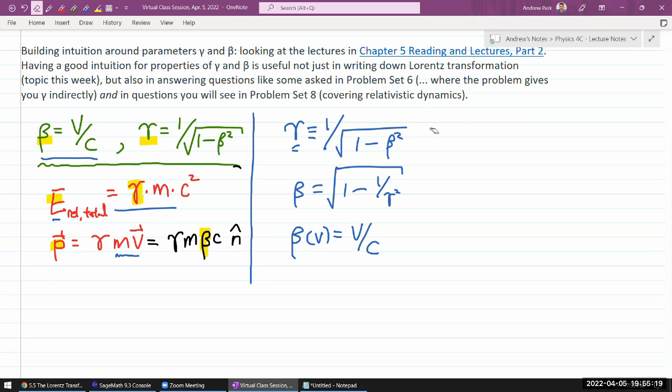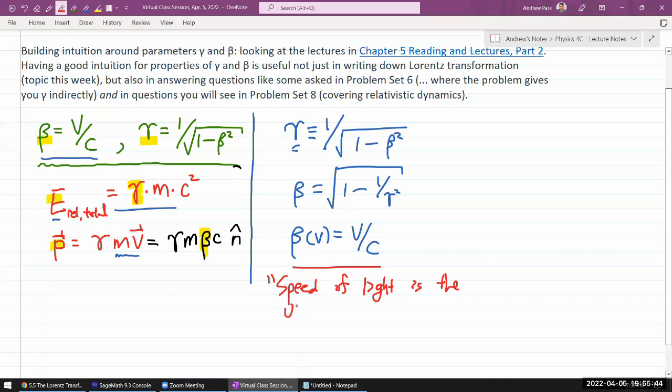There are some properties that are good to know, and you can kind of see them here. With this expression, it's not immediately obvious, but maybe you remember trivia like this: the speed of light is the universal speed limit. If you know that as something that someone who understands a little bit of modern physics should know, then great.